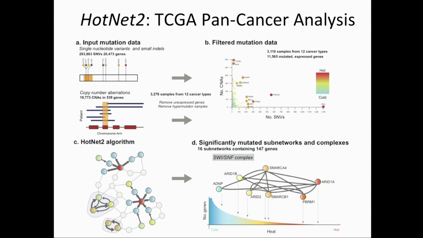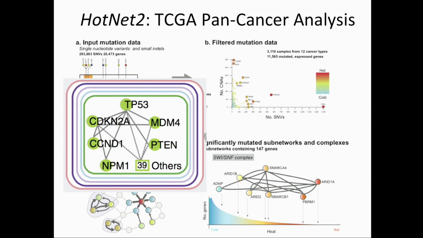But the majority of the genes instead are not identified by single gene tests, and they are called as potential driver genes only because we are combining the mutation data with the interaction network by using this diffusion process that I just described. I'm not going to show you all the results, but I'll show you two examples of subnetworks that we identify on this cohort. The first one is a subnetwork that contains many known genes, for example, TP53, the most famous cancer gene.